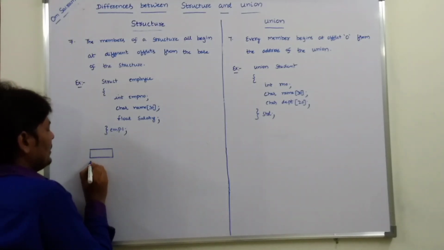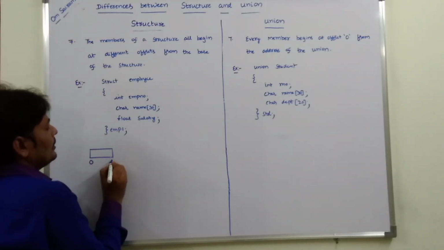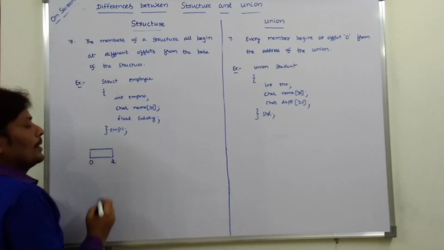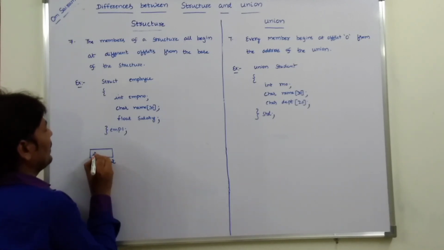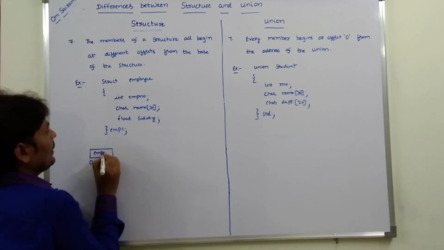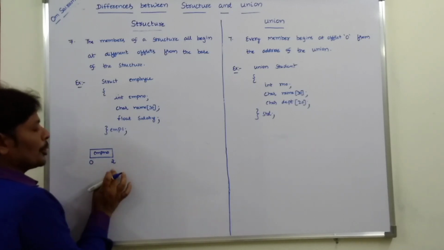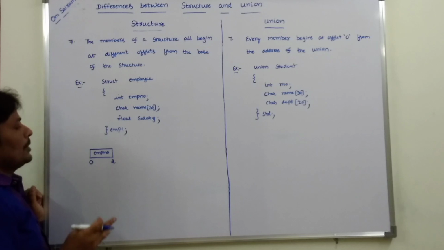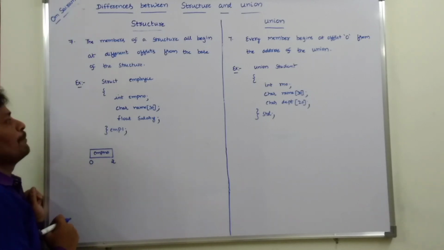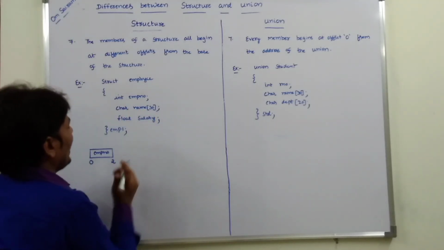Okay, so that is 0 start, that is 2 bytes. So this is employee number, EMP number. Employee number occupies 2 bytes. Next one, employee name.